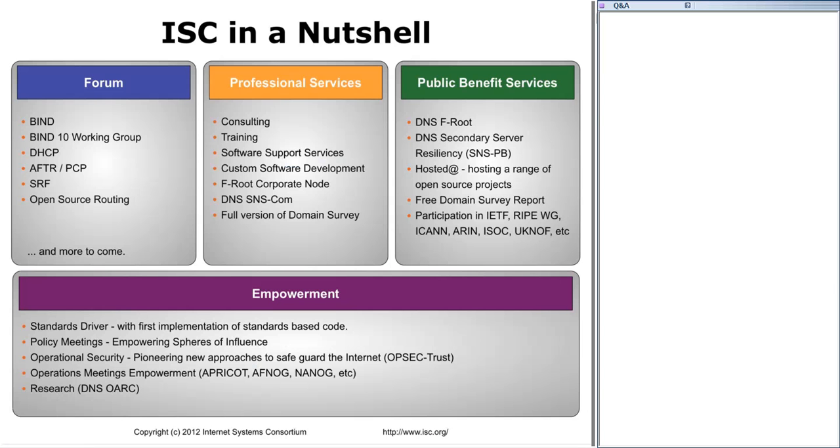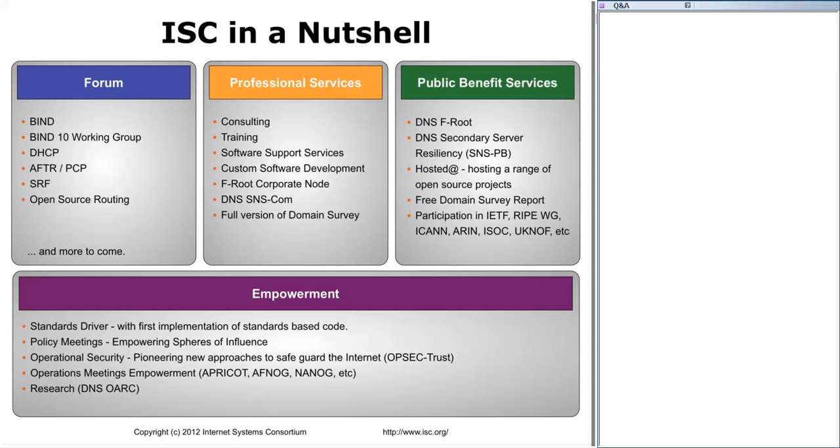We are also working on a ground-up re-implementation of the DNS protocol in a project called Bind 10. And then we have our DHCP software. It's also an open source and widely deployed DHCP solution. Currently deployed is DHCP 4, and we're also redeveloping the DHCP protocol in a new version that works with the Bind 10 software.